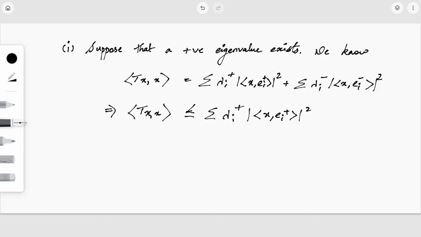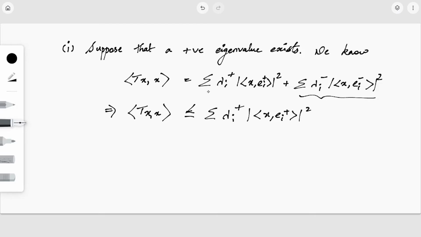How is that possible? Because all these terms will be negative, right? The λᵢ's are negative in this case, so if I take the sum of these terms, I'll get a negative value. So actually ⟨Tx, x⟩ is nothing but a particular term minus something.